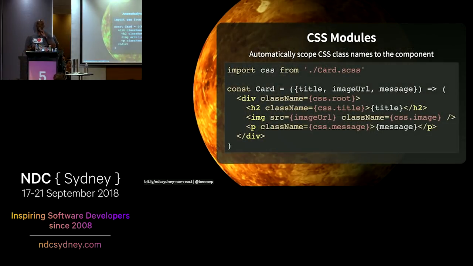Okay, and then there's CSS modules, which is like the next step after that. So it's similar to component CSS, except this time you actually are importing this object. I'm calling it CSS in this example, and it's a lookup of auto-generated class names for you. So you import CSS, and then you assign to the className property CSS dot whatever.